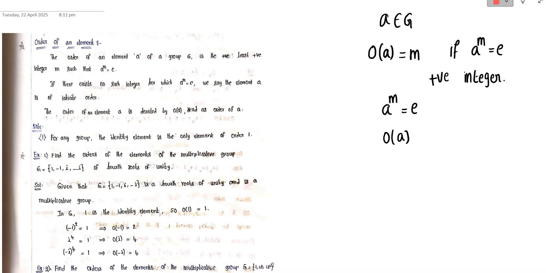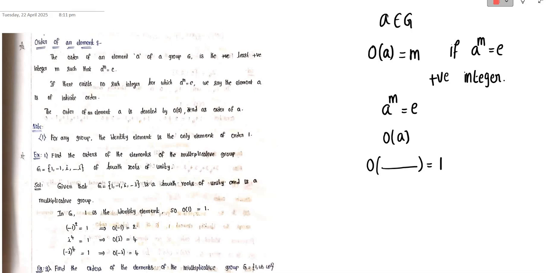Here one note is there. Observe that one. For any group, the identity element is the only element of order 1. That means in any group, the order of the identity element is equal to 1.